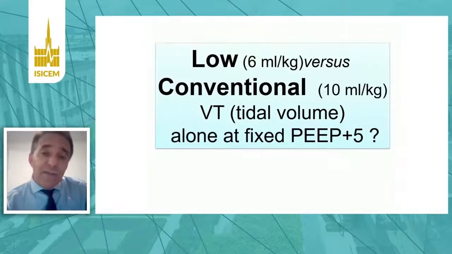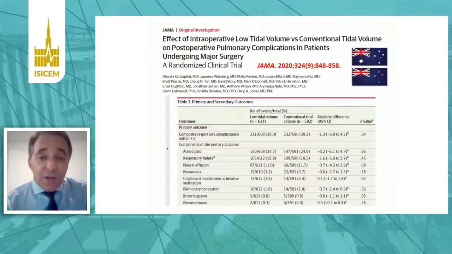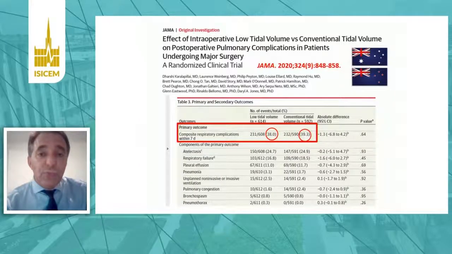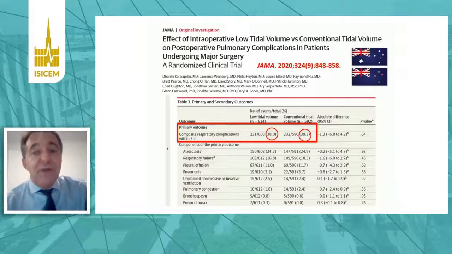In early September 2020, a very nice study was published in JAMA comparing low tidal volume at 6 ml per kilogram versus conventional tidal volume at 10 ml per kilogram at a fixed PEEP of 5 centimeters of water. Again, unfortunately, no significant difference was observed between both groups, the 6 milliliter group and the 10 milliliter per kilogram group. The complications were around 38 and 39%, the composite respiratory complication within 7 days after surgery.